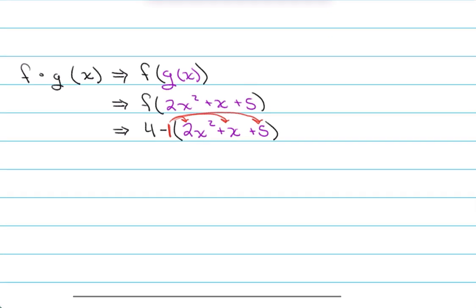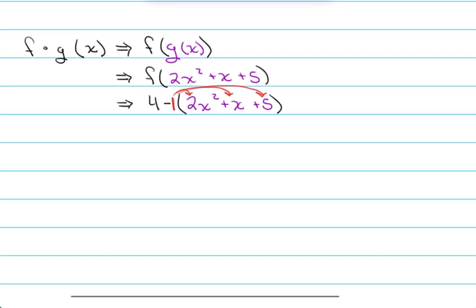So I will end up with 4 minus 2x squared minus x minus 5 when we distribute. So negative 1 times 2x squared, negative 1 times x, negative 1 times 5. Okay? And then I have a 4 and a negative 5. Those are my like terms that I can combine.